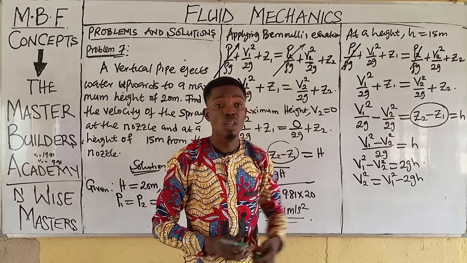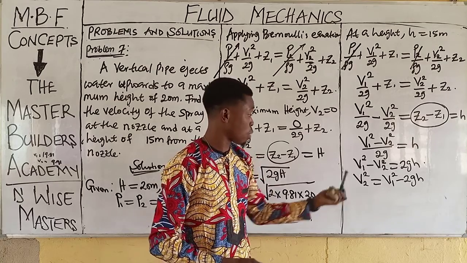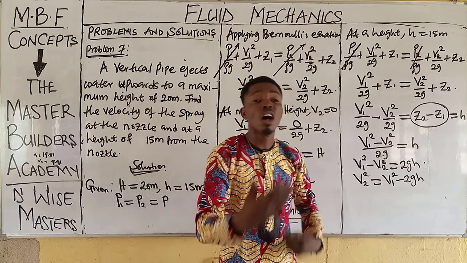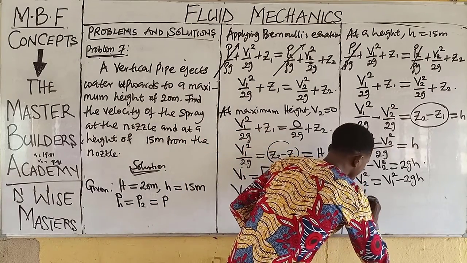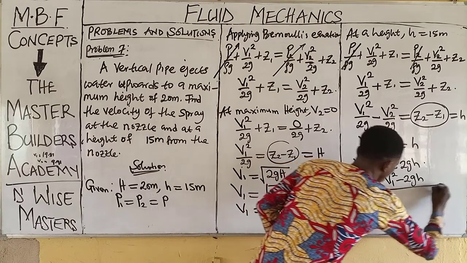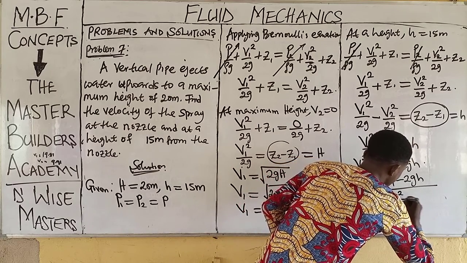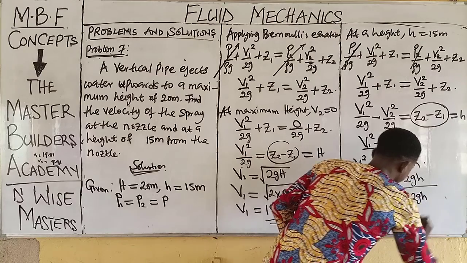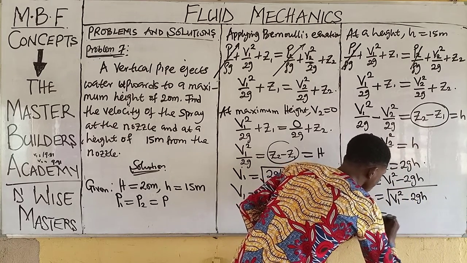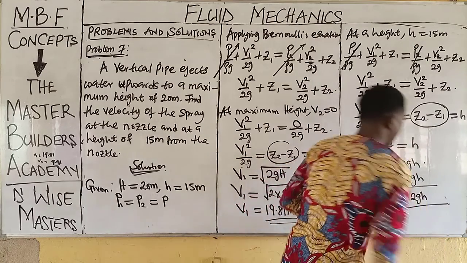Make v2 the subject of the formula, and this is the resulting outcome. All we need to do now is to find v2, which becomes the square root of v1 squared minus 2gh. Now let's put in the values and we will get our final answer.